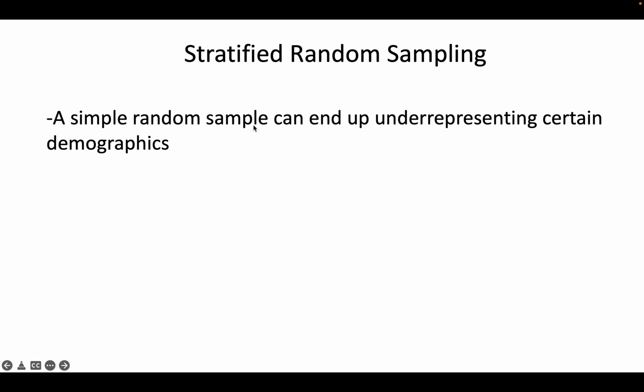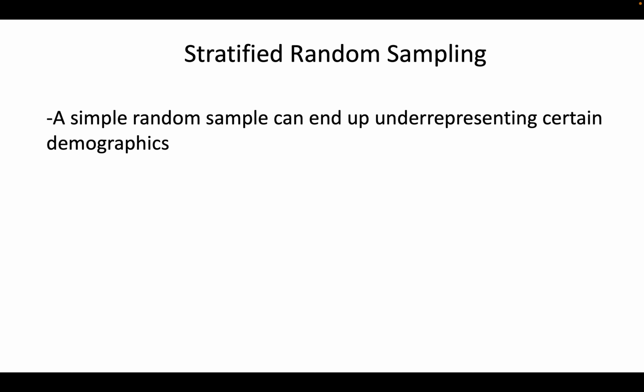A stratified random sample is basically solving the issue that with a simple random sample we can end up underrepresenting certain demographics. I talked about it before with that example of a town with a really young demographic population, and although there are old people, let's just say there are 100 old people in a population of, I don't know, 70,000.